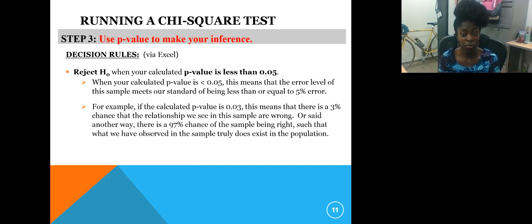Is that less than 0.05? Yes, absolutely. That means our error level meets our standard of being less than or equal to 5% error. It's at 3%, so we have a 3% chance of being wrong.